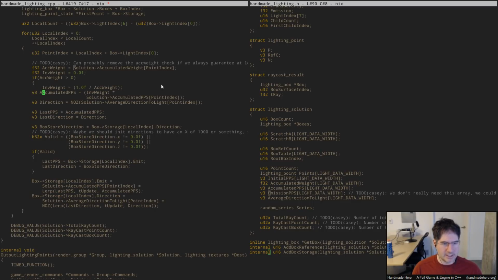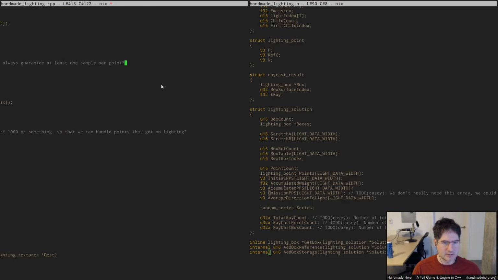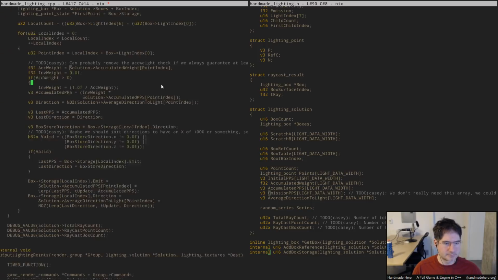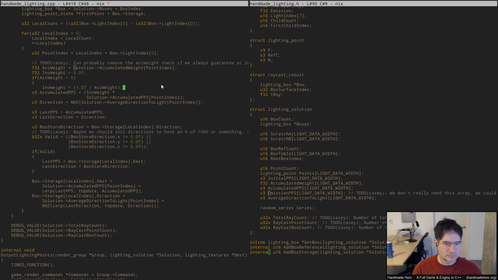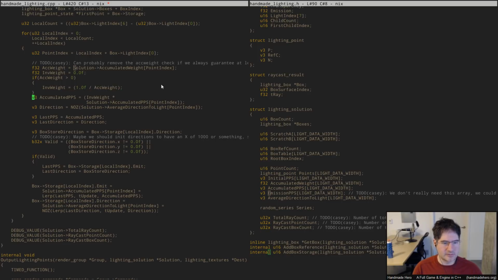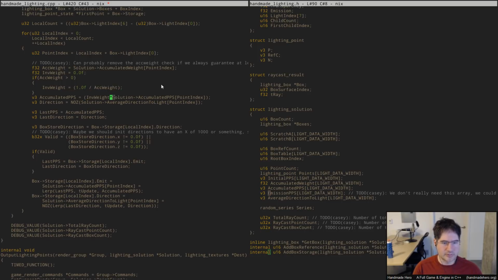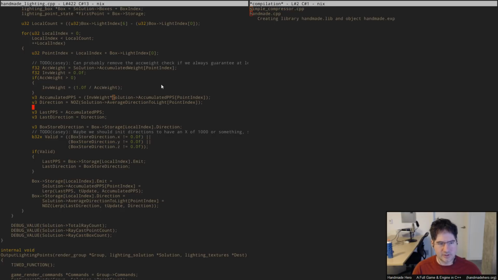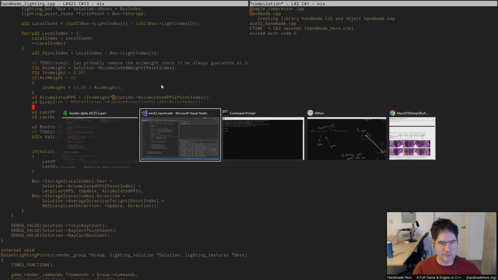The accumulated weight is greater than 0, then we do the divide. Assuming that's the case, we then multiply out the inverse weight. That gets us the accumulated PPS that we want.